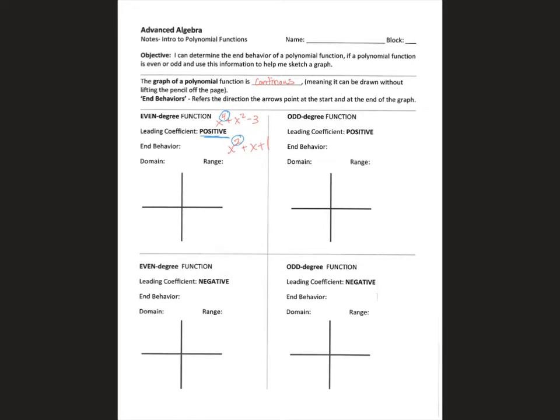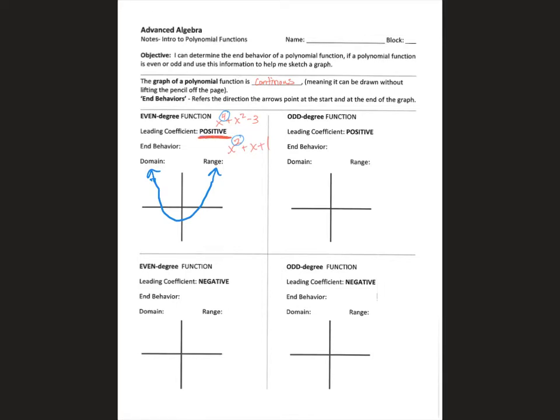Yes, it is. And what do you know about the graph of a quadratic? It's a parabola, right? And both ends of a parabola are going in the same direction, aren't they? And in this case, both ends are going up, because the leading coefficient is positive, okay?